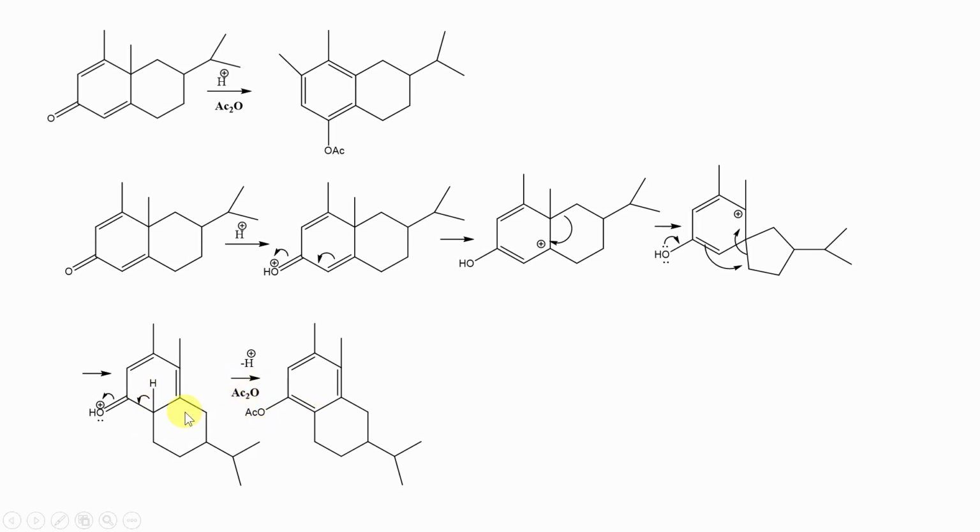You can see the mechanism here. Aromatization takes place by the elimination of a proton, and then the product phenol formed reacts with acetic anhydride forming the final product acetate. This can be represented as this. It is the final product acetate obtained by this reaction.